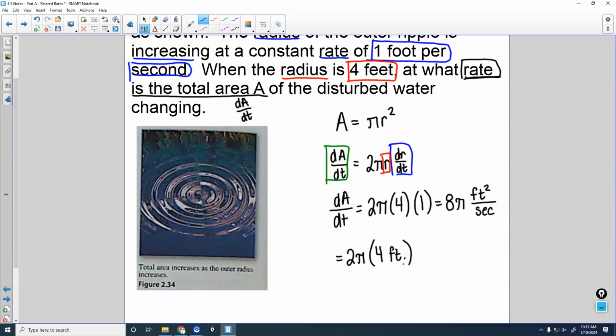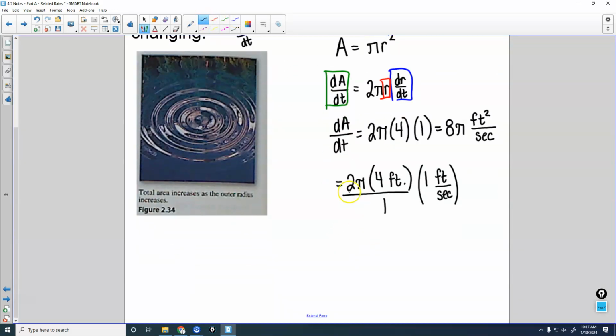Now, a lot of times students don't prefer to do this, so I just want to show you how it works. And then my 1 foot per second went here. If we put all of this over 1, you can include the units in the problem whenever you're doing it. You've got 2 pi times 4 times 1, which is going to give you 8 pi like we got.